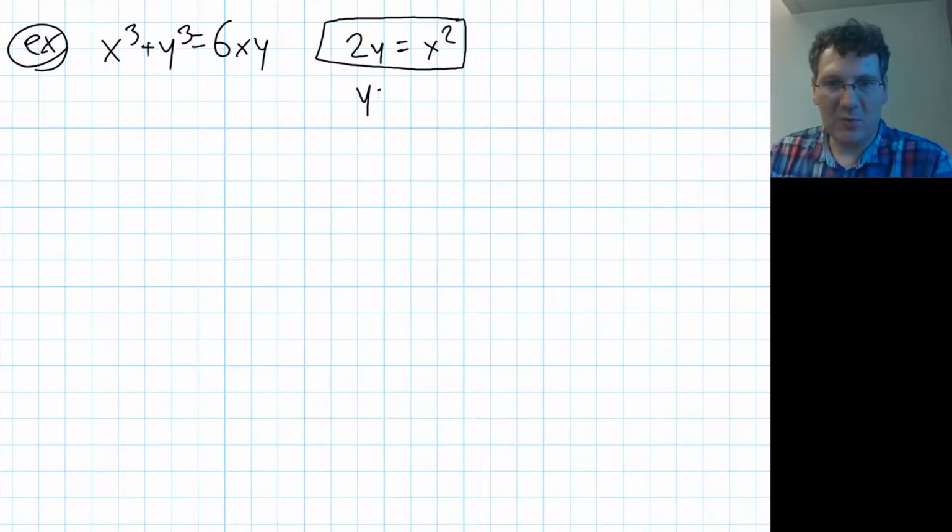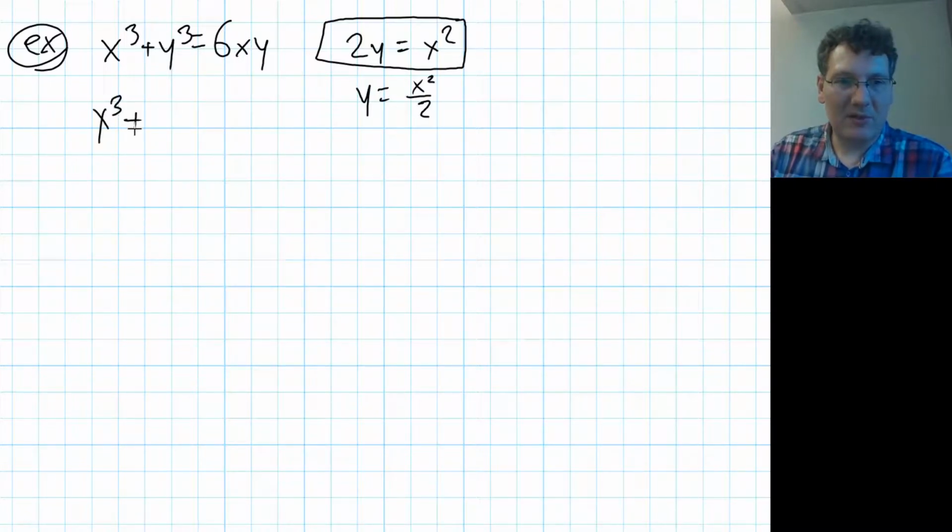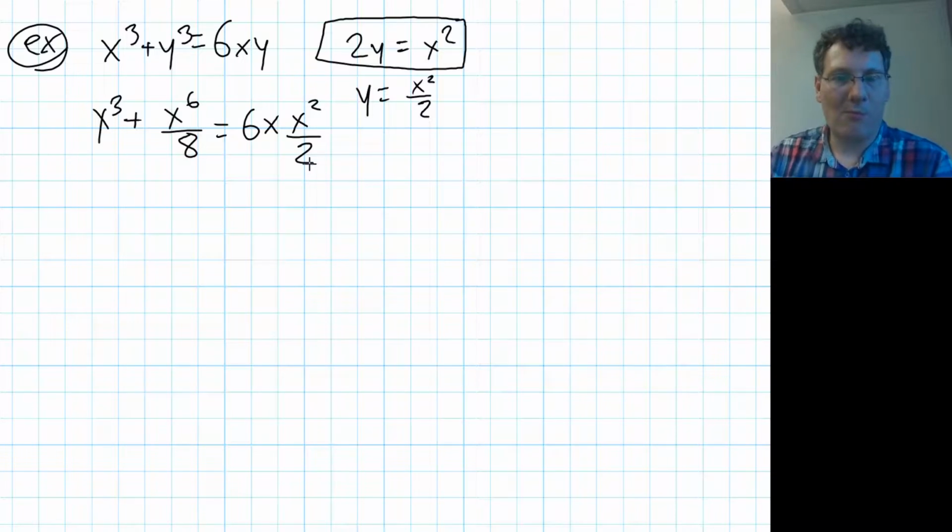In fact, I'm going to use y equals x squared over 2 and plug that in. X to the third plus, actually it's going to be x squared over 2 to the third, which is x to the sixth over 8, equals 6x times x squared over 2.